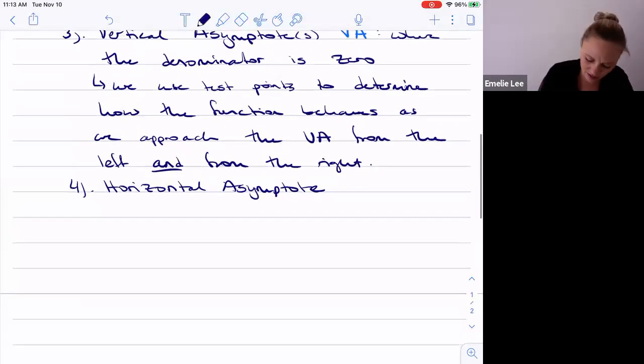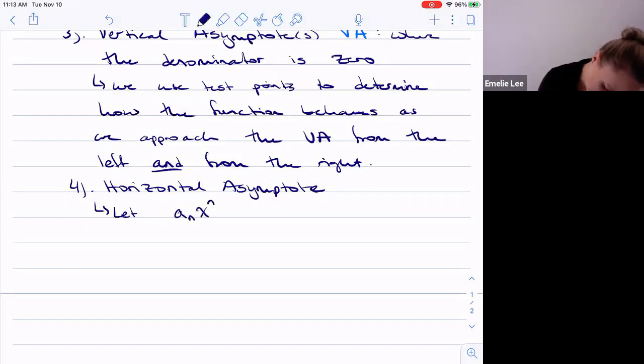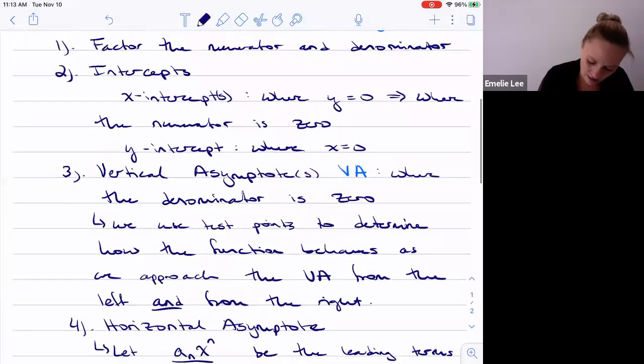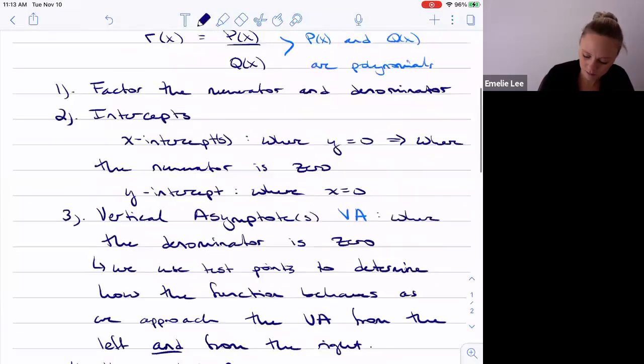So the horizontal asymptote, if we let a subscript n, x to the power of n, over b subscript m, x to the power of m, be the leading terms in R of x.